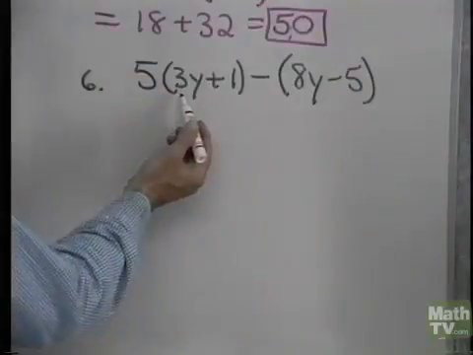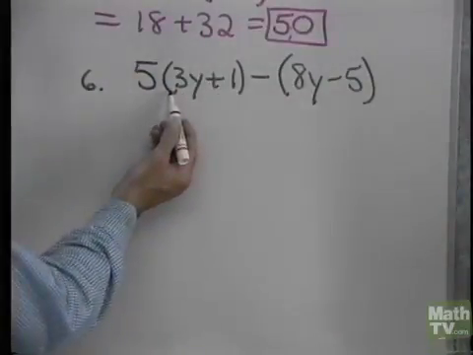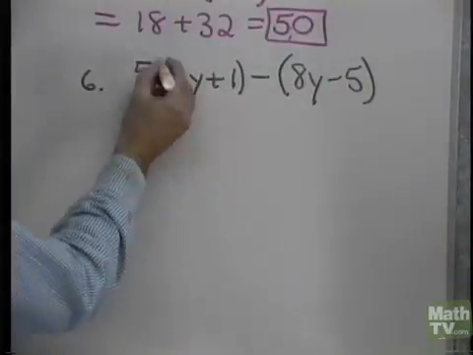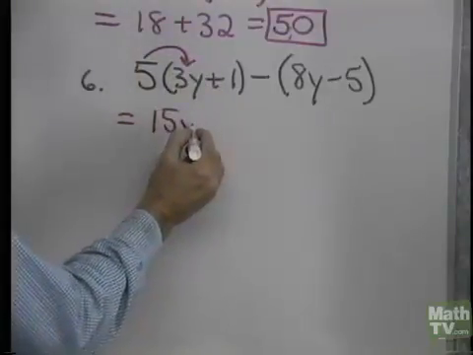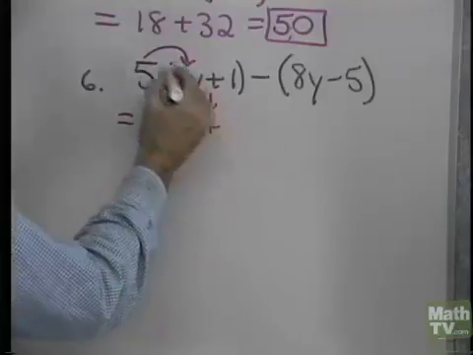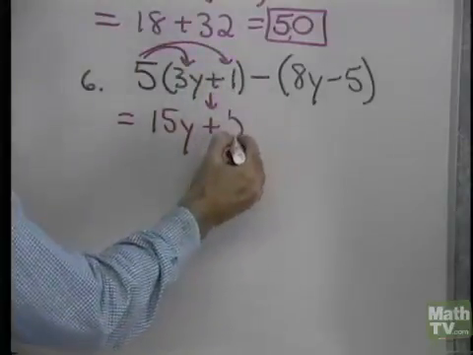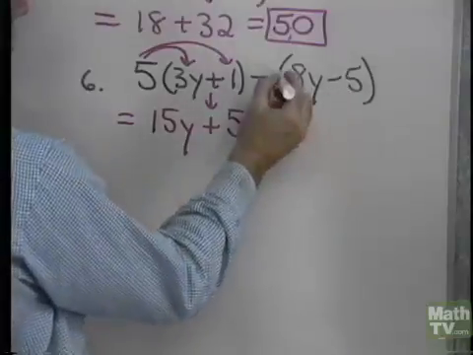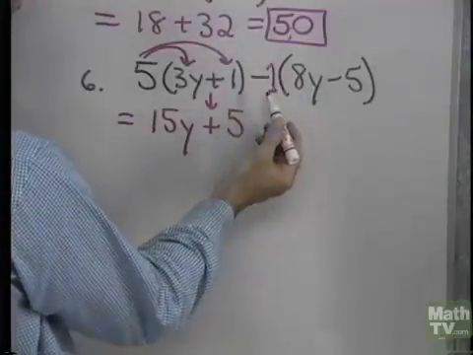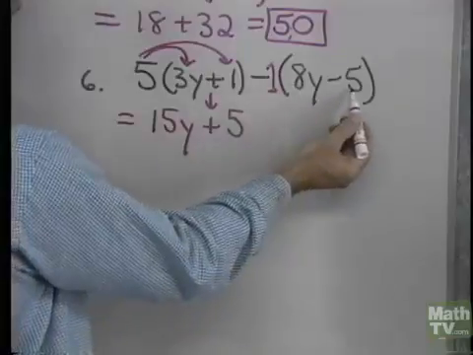The next problem involves some variables. I'm going to have to remove these parentheses by applying the distributive property. 5 times 3y is 15y, plus 5 times 1 is 5. Now here I have subtract this quantity. What I think I'll do is think of this as adding a negative 1 times this quantity.